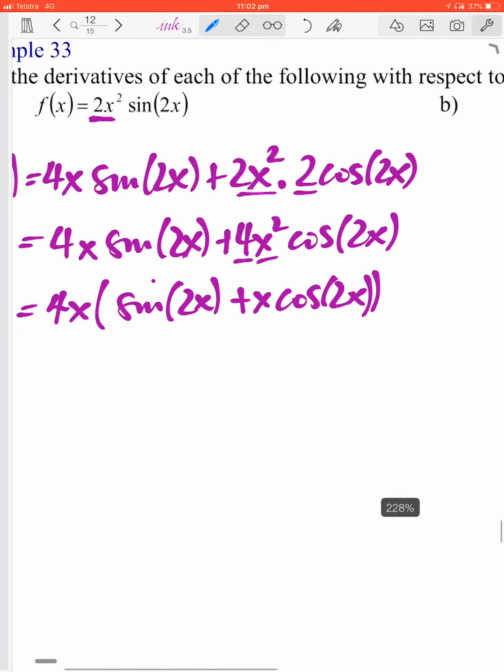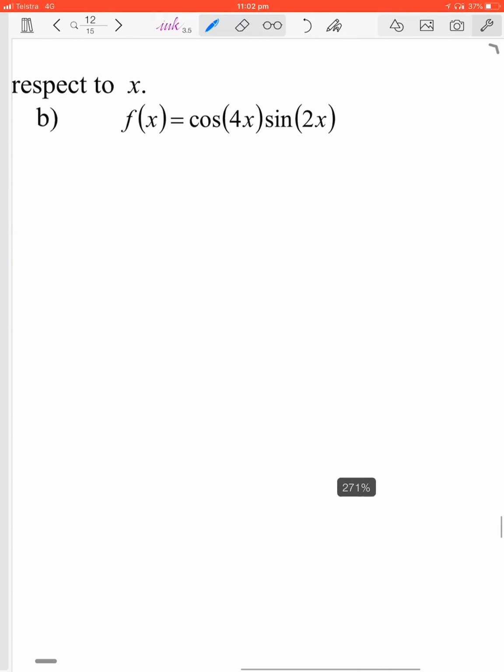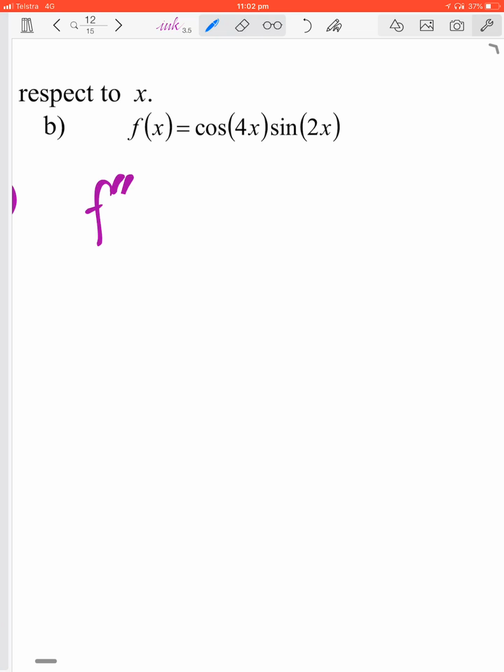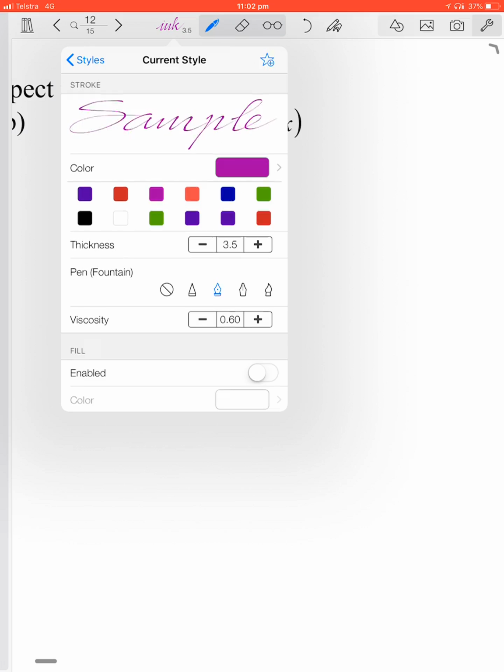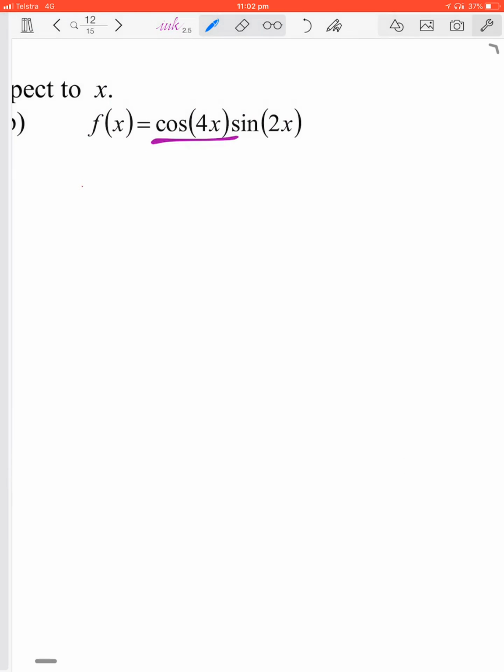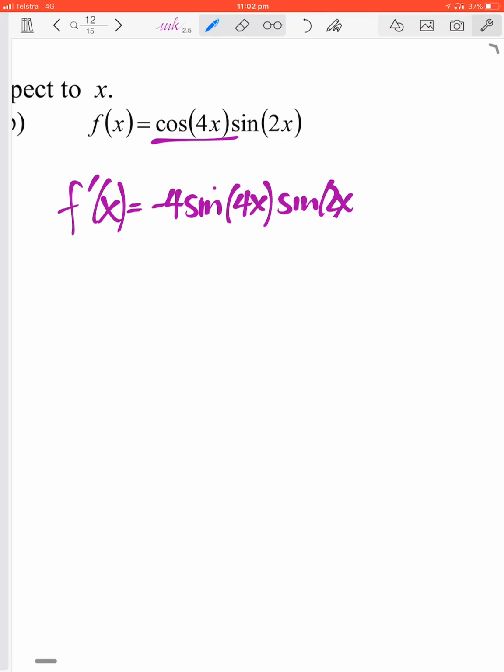So that's it, derived. This one here, f dash x, let's derive this. When we derive cos 4x, we get negative 4 sine 4x, and we leave sine 2x alone.